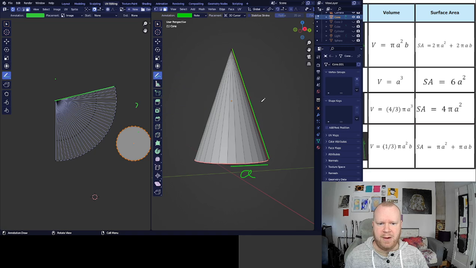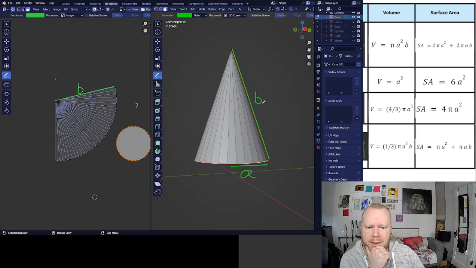So I'm going to call that one B. So that's B, and this one's B here. Okay. This circle is going to be straightforward enough, all right, for finding the surface area. So for the surface area of that, this is going to be pi a squared for the circle part.